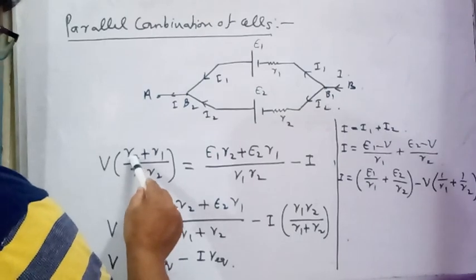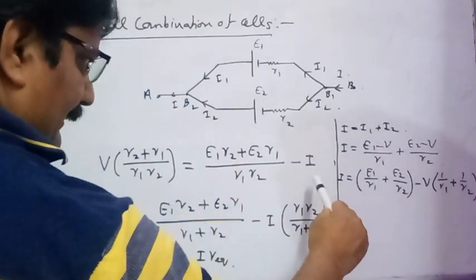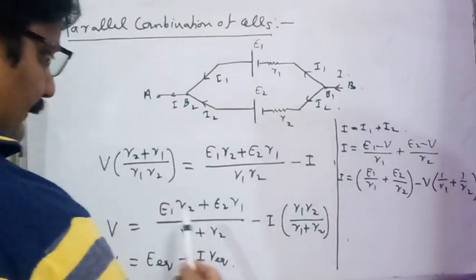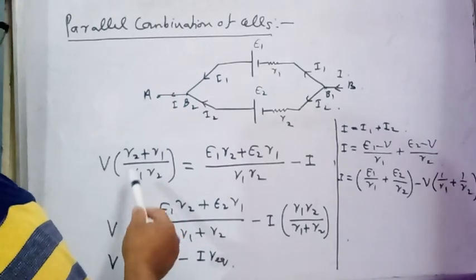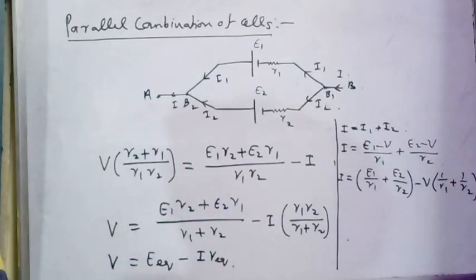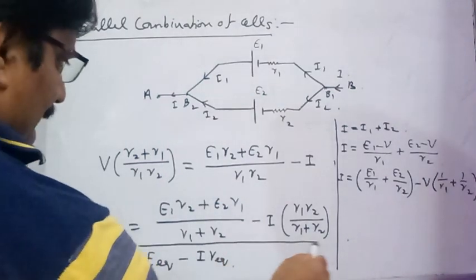When we take this to the other side and I to this side of the equation, and divide the whole equation by R2 plus R1 by R1 R2, we will get the equivalent potential difference.